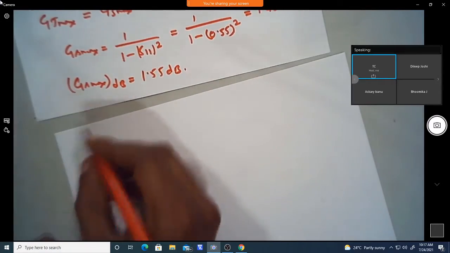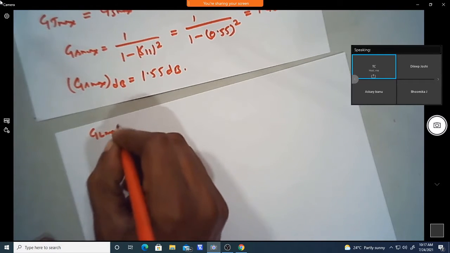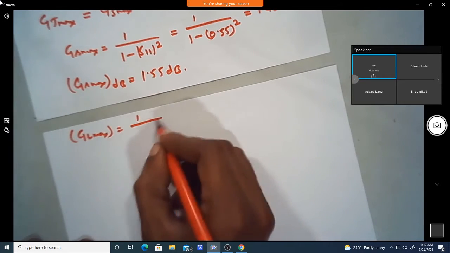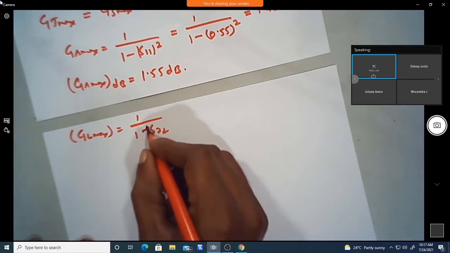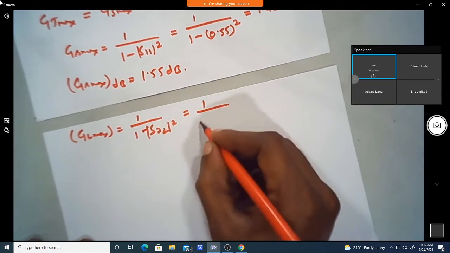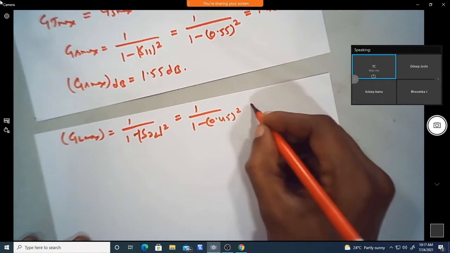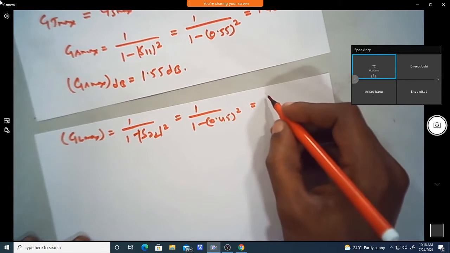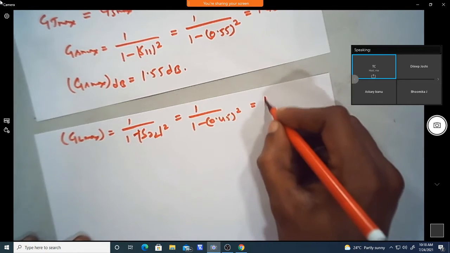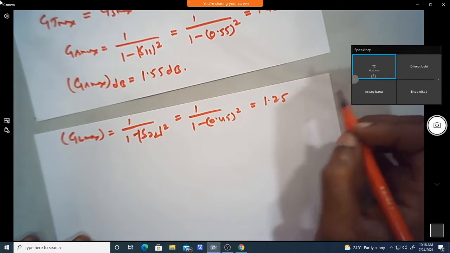Similarly we have GL max, which is equal to 1 over 1 minus S22 square, which is 1 minus 0.45 whole square. We are going to get GL max around 1.25.